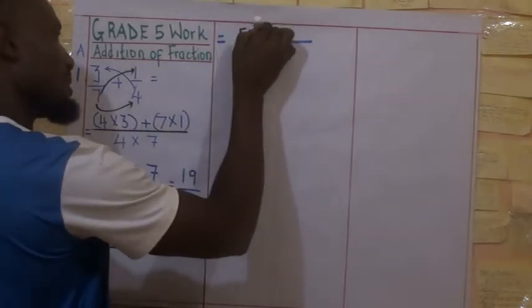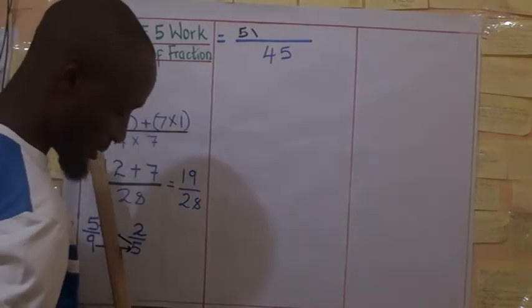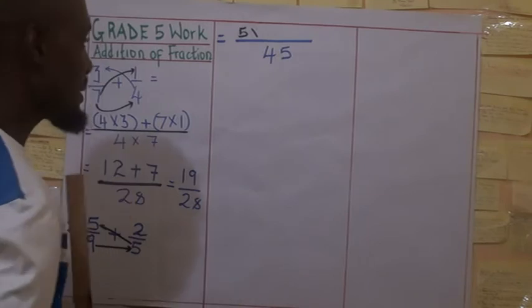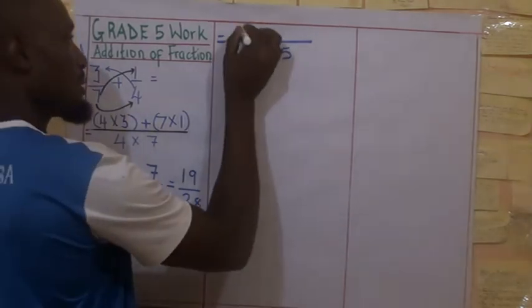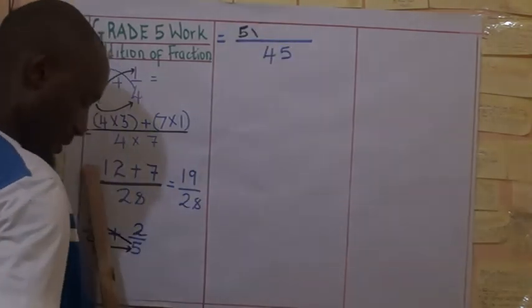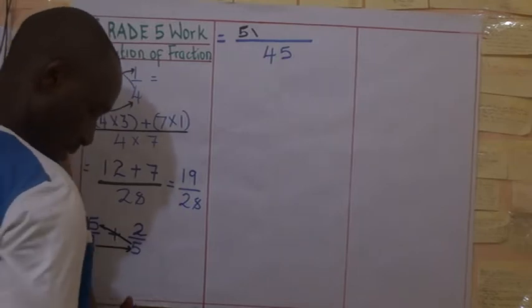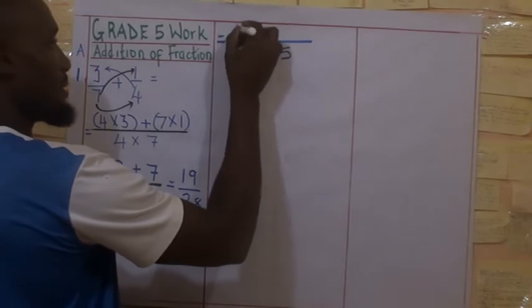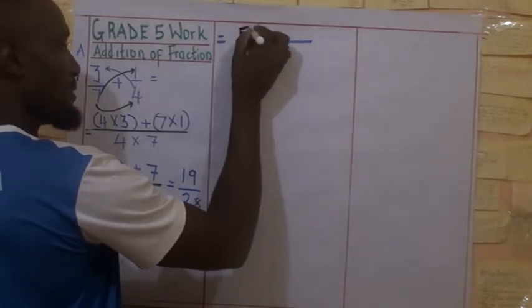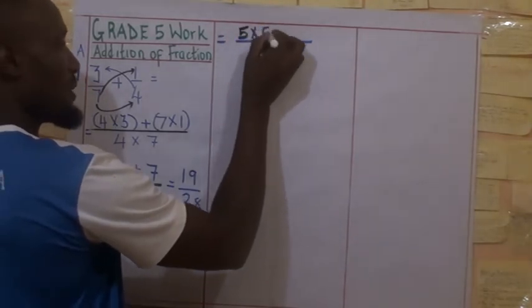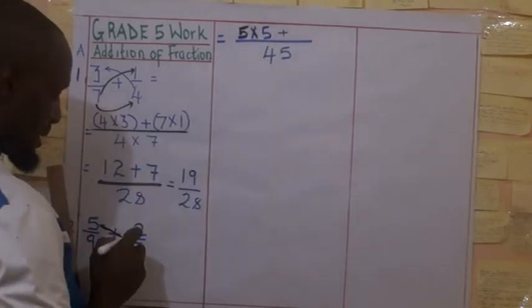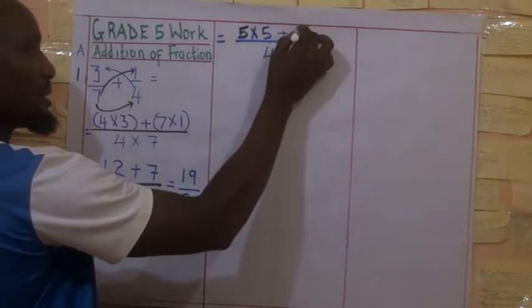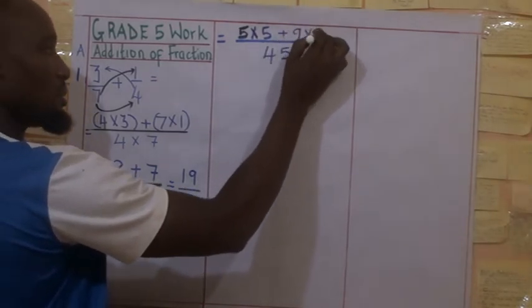That is 5 by 5. Then plus, the next one becomes 9 times 2.